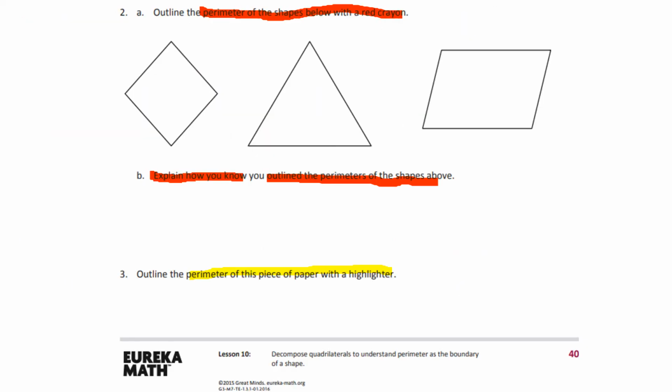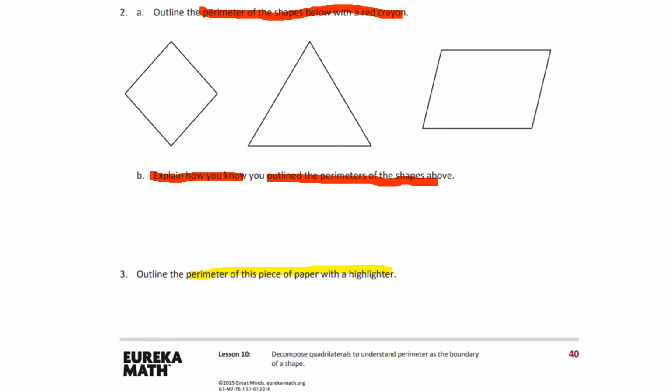So now what you're going to do is outline the perimeter of the shapes below. It says with the red crayon, if you're doing it on here, just outline in red like you've seen me do, and then explain how you know you outlined the perimeter of the shapes above, and then outline the perimeter of this piece of paper with a highlighter.